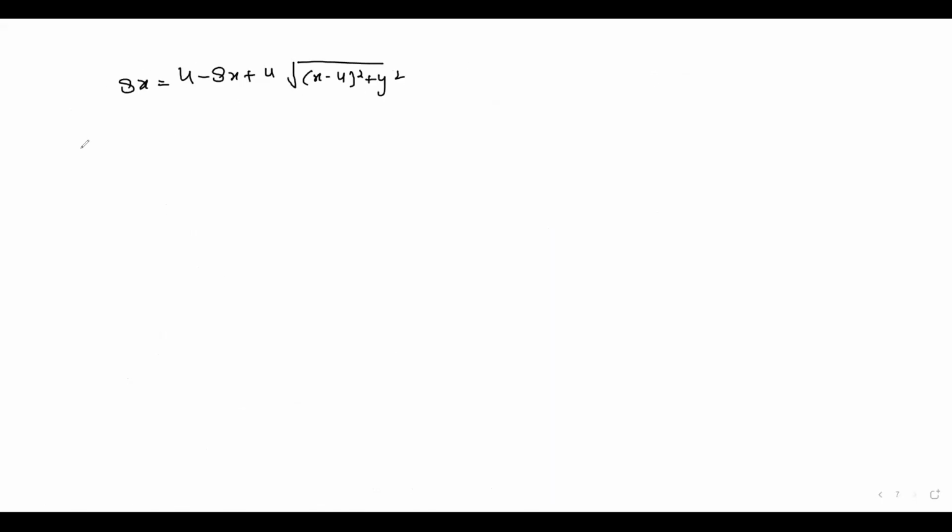Now cancel out x square, y square, and 16, 16. Now shift this term. Remaining we get 8x equal to 4 minus 8x plus 4 times the square root of (x minus 4) whole square plus y square. Shift this 8x over here, so this becomes 16x, and here we have 4 plus 4 times the square root.